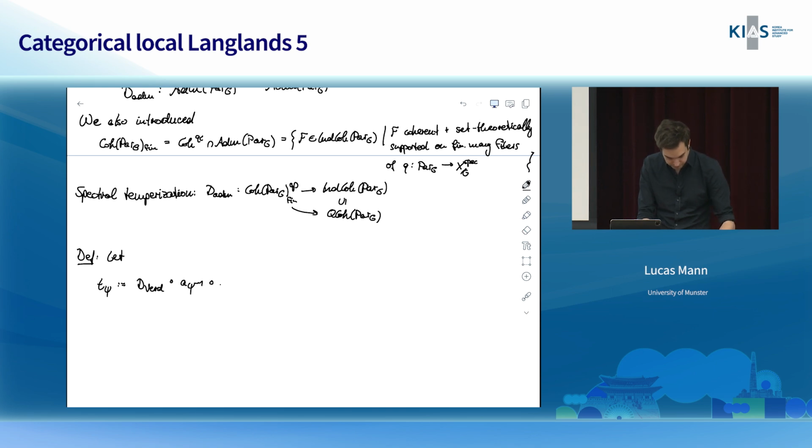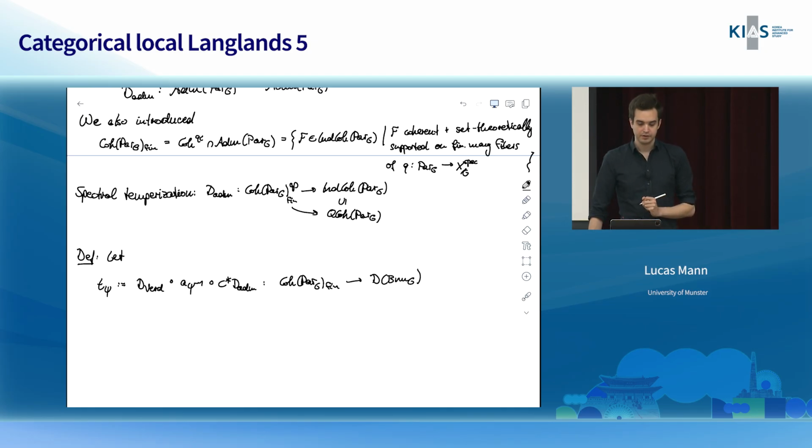So there was a little Chevalley twist of admissible duality. This is a functor from Coh Par G fin to D of Bun G. Okay, and we introduced this functor because it is very explicit, and you will see shortly that it has a very close relation to this R psi. Are there any questions so far?